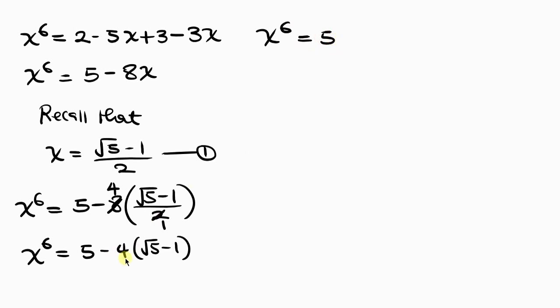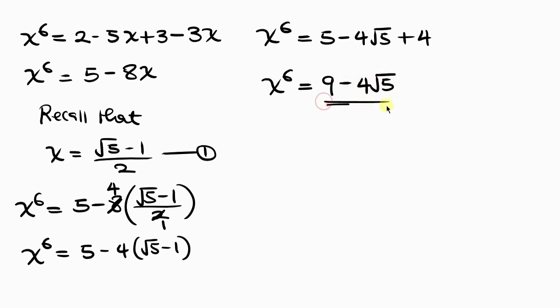Now, negative 4 times root 5 gives negative 4 root 5. And then negative 4 times negative 1 gives plus 4. So we have x to the 6 to be equal to, now 5 plus 4 gives 9 minus 4 root 5. And this is our final answer.